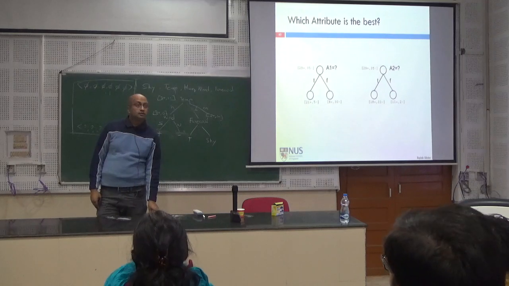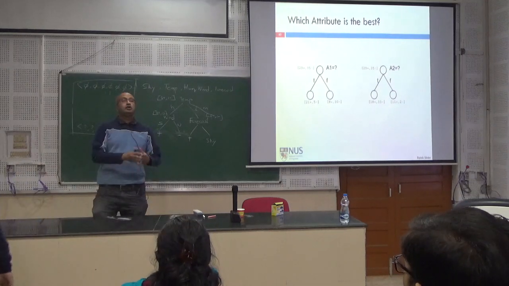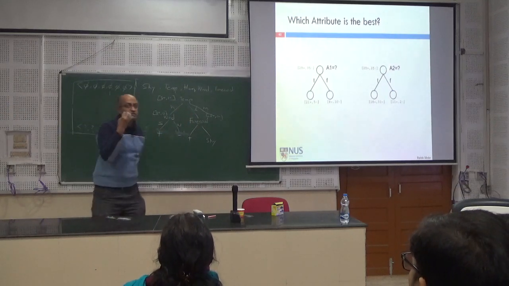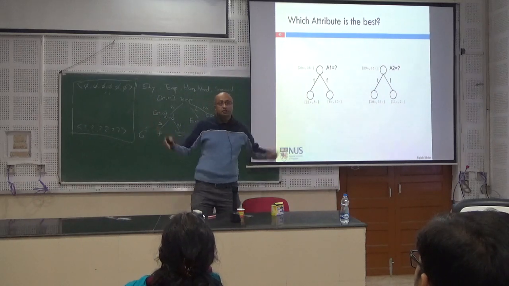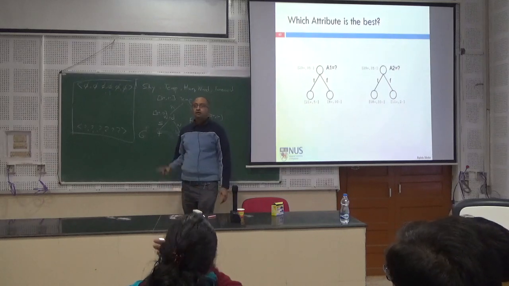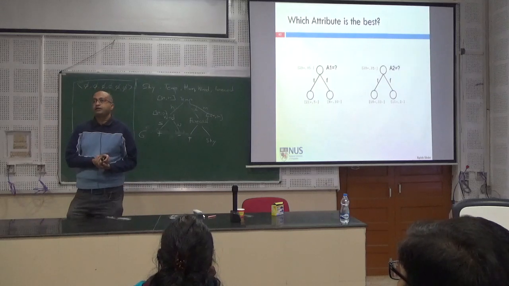So that means if it's a complete binary tree, it will generate all possible combinations. If your data is so crazy that everything is different, then you will just keep branching. So here I'm not implicitly assuming anything.